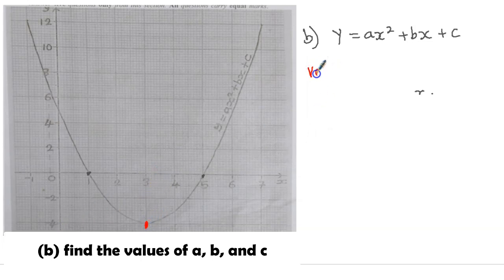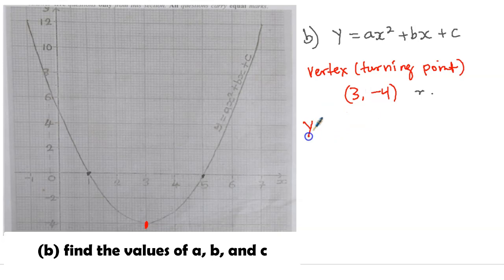So you can use the vertex, or what we call the turning point, which happens to be 3 and -4, to also get the ABC, and you will get the same answer. So here, you know that the vertex form is x minus h all squared plus k.